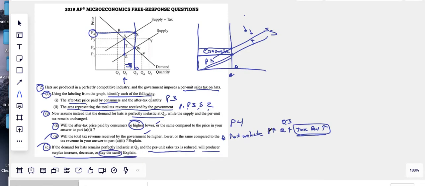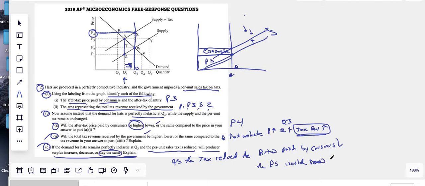Explaining it: as the tax is reduced, the portion paid by consumers decreases, the producer surplus would remain unchanged.